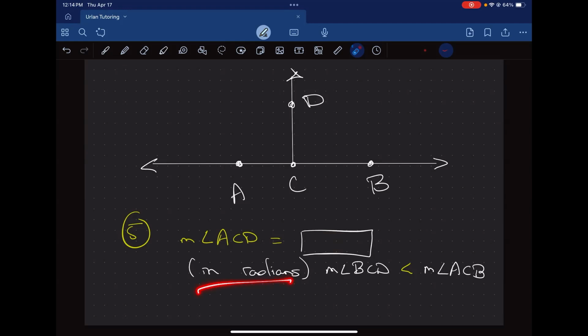Okay, in radians, the measure of angle BCD, so this guy is less than the measure of the angle ACB. So this guy, okay? So what is the measure of this angle? So in radians, we already know that, based on an earlier mathematical statement, that ACB is equal to pi radians, okay?